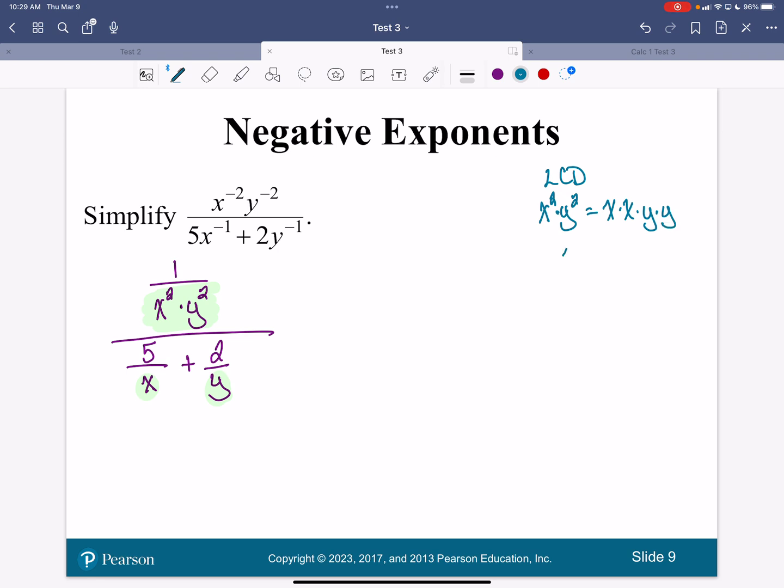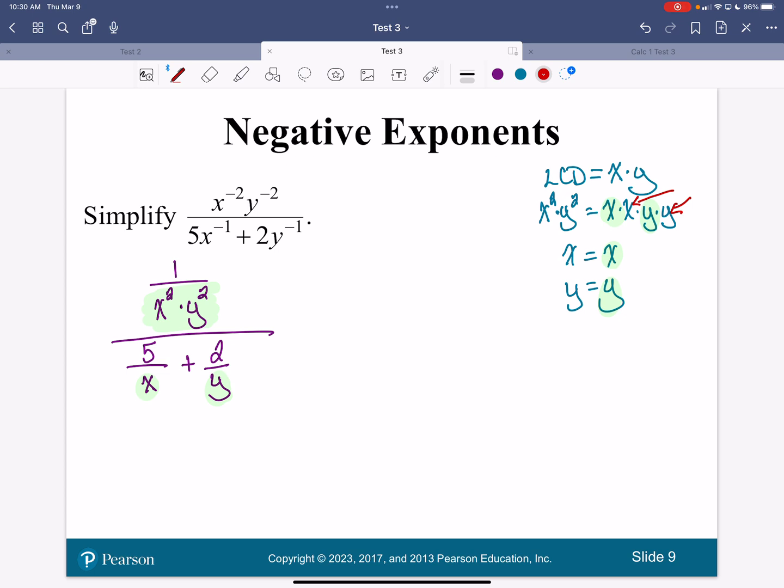Then I have an x, and then I have a y. Here I've got an x that's common to both. So for my LCD, I only have to write that down once because it shows up in two places. The same thing happens with my y. I have a y common to two places. So I'm going to write that down one time. These are left over, so I have to include those. They haven't been accounted for yet.